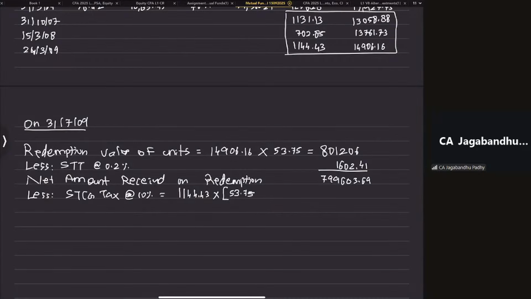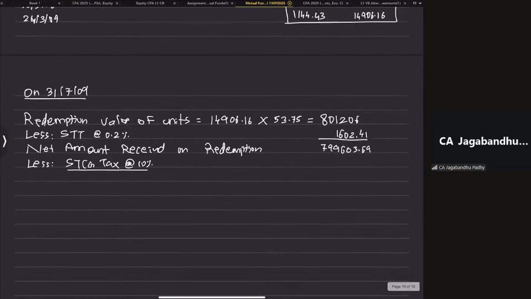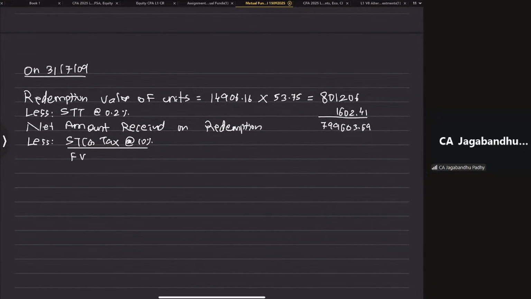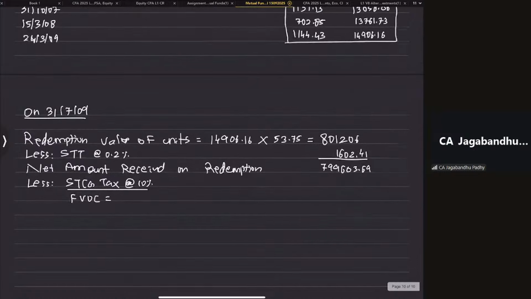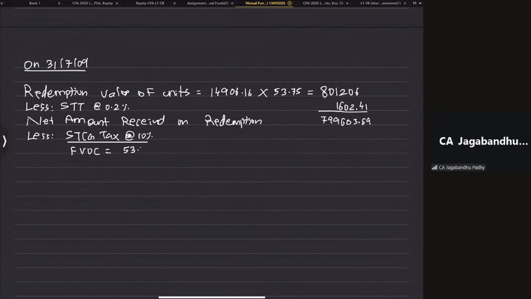Or rather, I'll do the calculation which we as chartered accountants understand. Full value of consideration. Can I say it is the value at which we are redeeming, 53.75, multiplied by the units which we have, 1144.43?